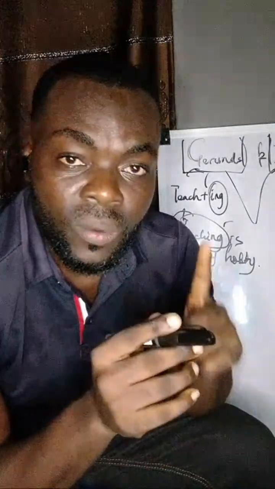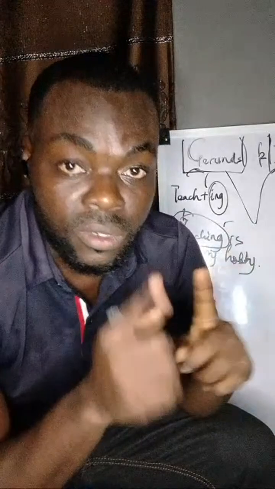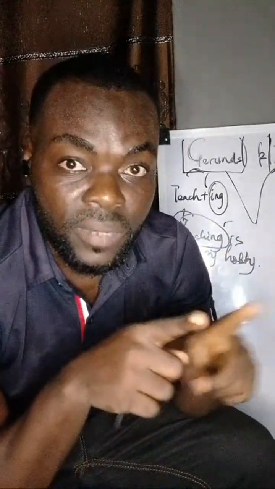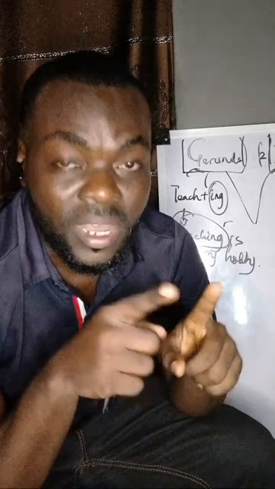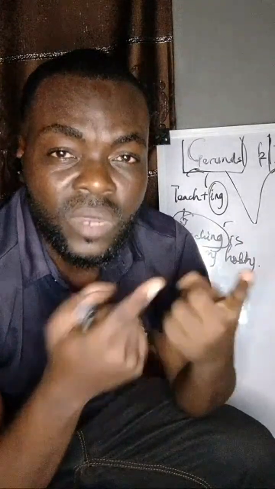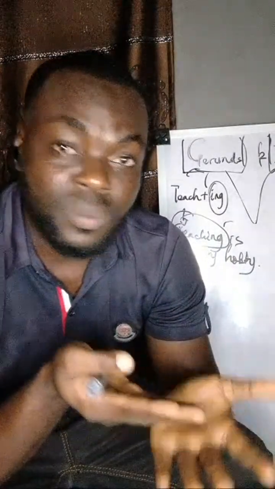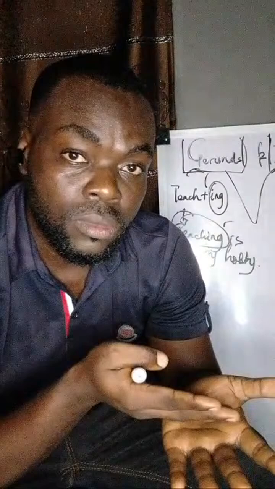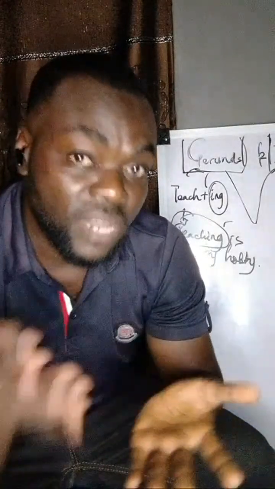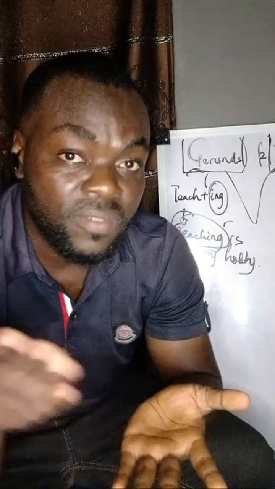I repeat, when the preposition to comes before or is used with the main verb, together, you have what we call the infinitive. So an infinitive simply means a verb expression that is used with the preposition to perform the role of a noun. So automatically the infinitive also plays the role of a noun.